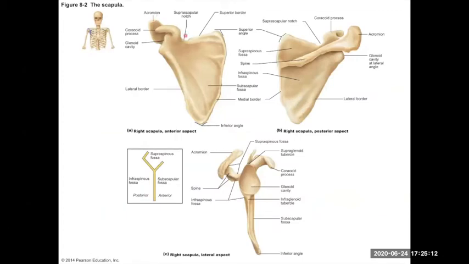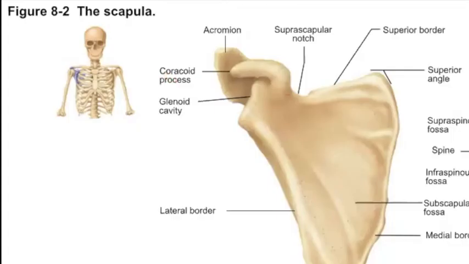The scapula is a kind of complex shape right here. Looking at it from the front, you've got this smooth surface right here, which would be your subscapular fossa. And you could see on the front of it also your coracoid process. In some languages, coracoid means crow's beak, and so it kind of looks like a crow's beak.